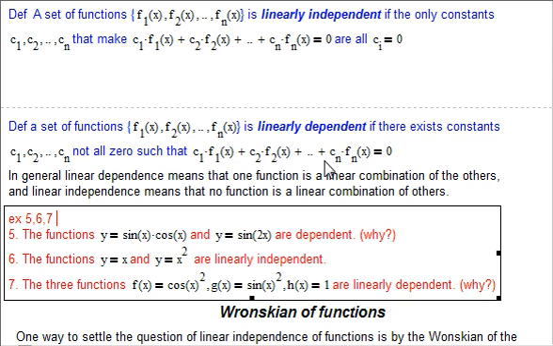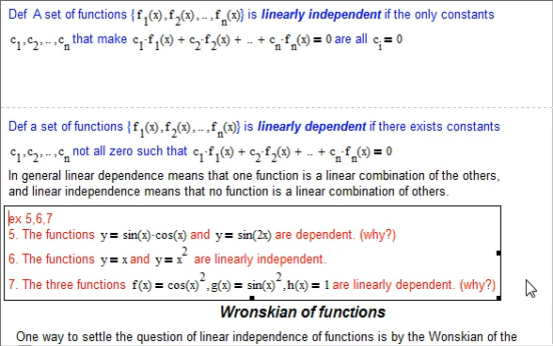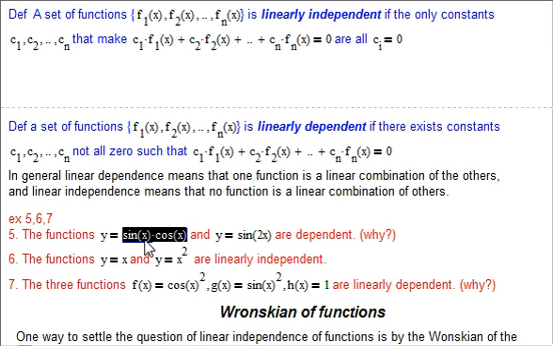The answer is, you can make this function because it's really just 1/2 of this one. Recall the trig identity that says sine of 2x equals 2 sine of x cosine of x. There is half of 2 sine of x cosine of x. So one is really just a multiple of the other one. We only had 2, and if one of them is a multiple of the other, they're not independent. They must be dependent. I hope that's clear.